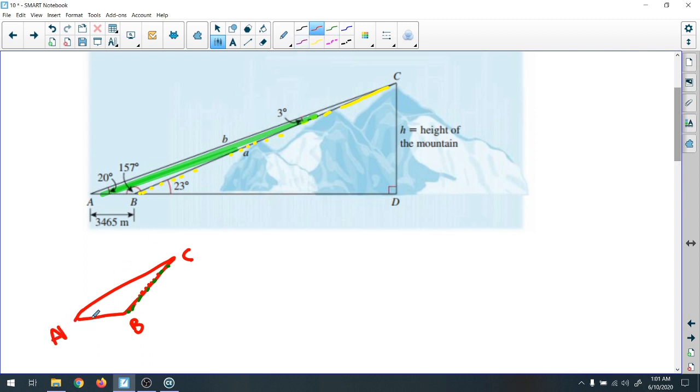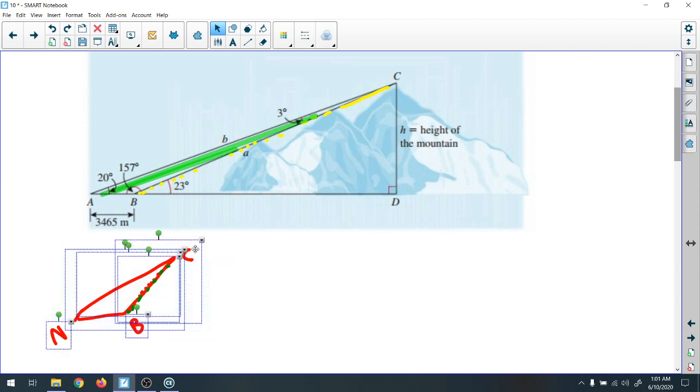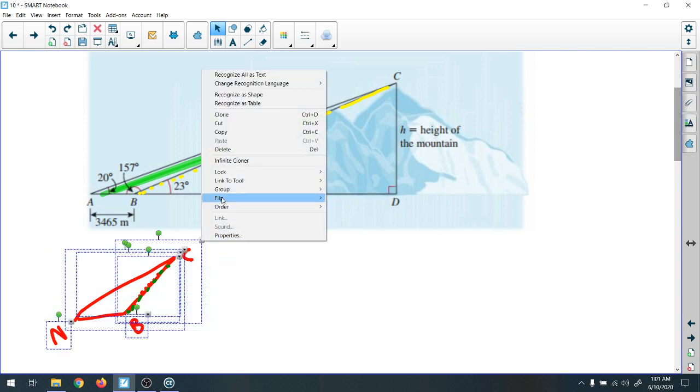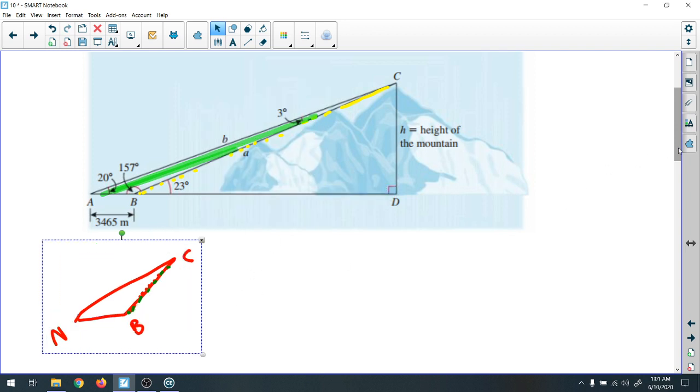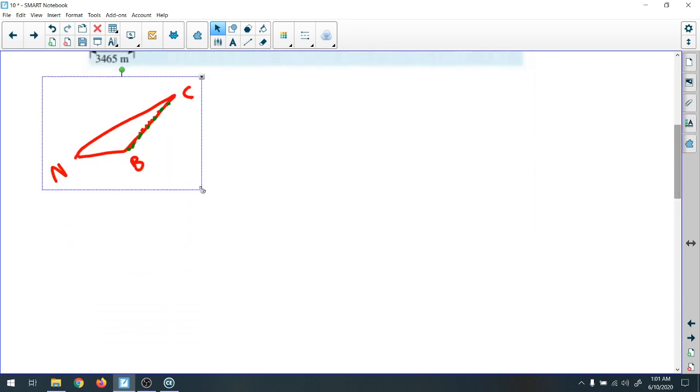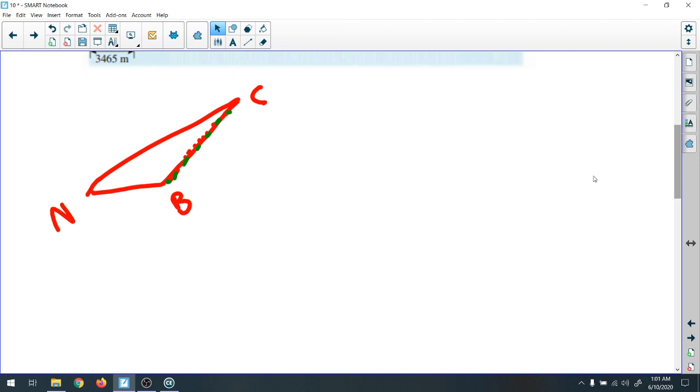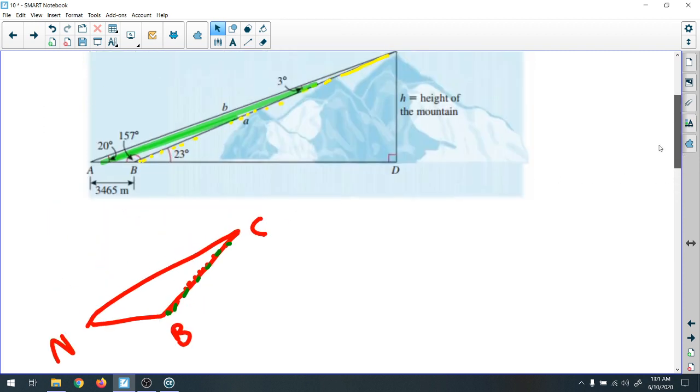This is angle A, this is 20. Let me zoom in here.